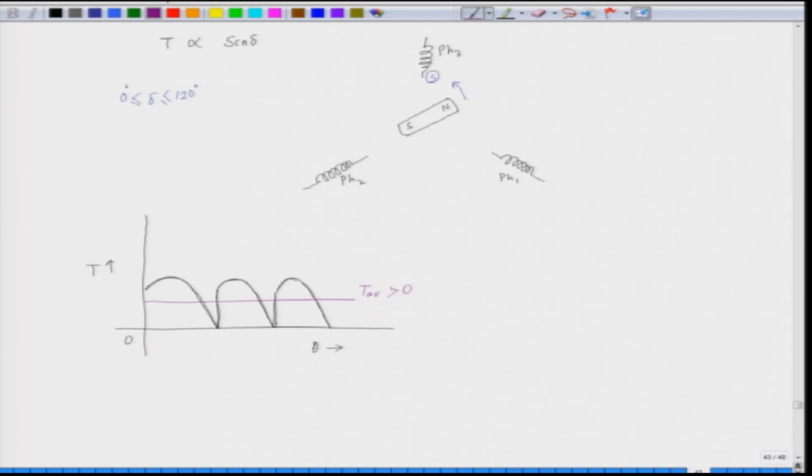So, we have a positive rotation either in clockwise or anti-clockwise direction, but there is a torque pulsation. The torque pulsation does not matter for a fan, because fan is a low performance application. There will be a little bit of noise, but for a drive application which requires high performance, the torque pulsation results in vibration and noise.